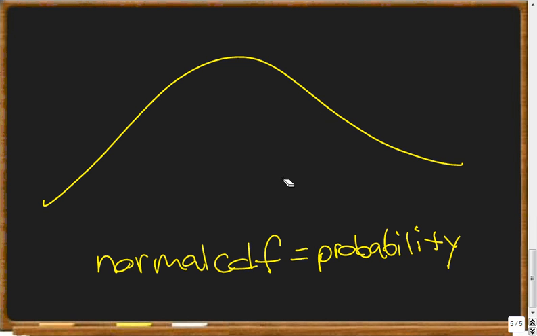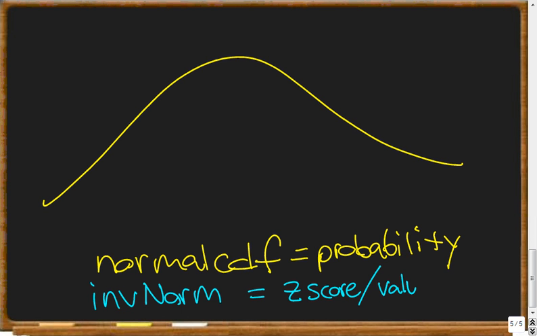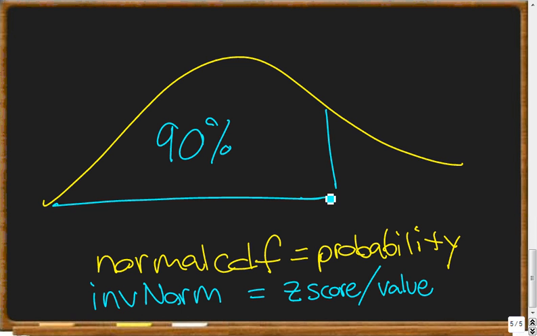And your inverse norm is going to tell you a z-score or value where the probability up to that point is a certain amount. So if we know that 90% of our data lies below a certain amount, that's when we use the inverse norm.